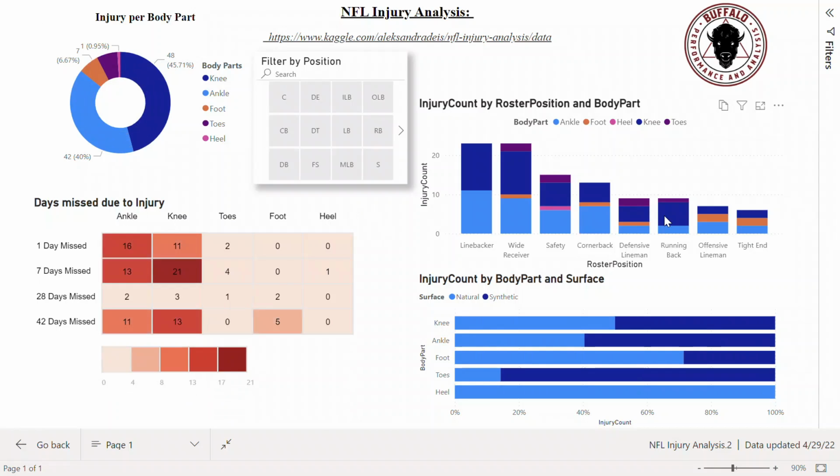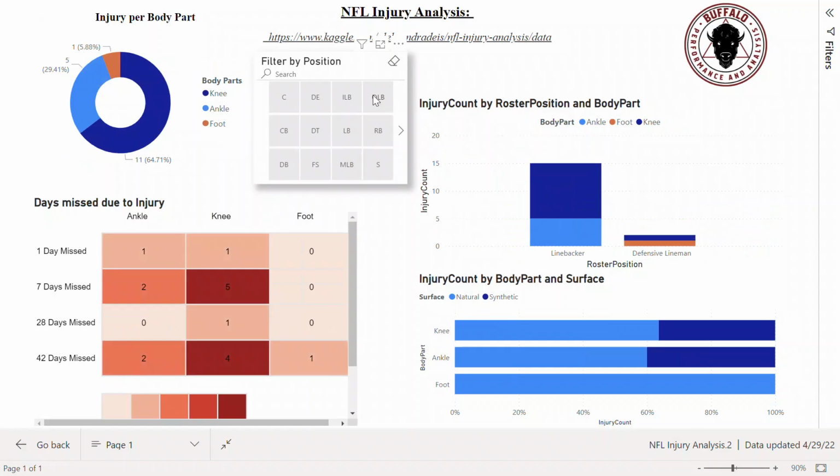Another great thing that we provide at Buffalo Performance and Analysis is specific positions. Not all linebackers are the same. So we can take a look and go, well, are you an outside linebacker, inside linebacker, defensive end, defensive tackle? We can break it down by those stats. And if we take a look at our outside linebackers, we know that not all outside linebackers are even the same.